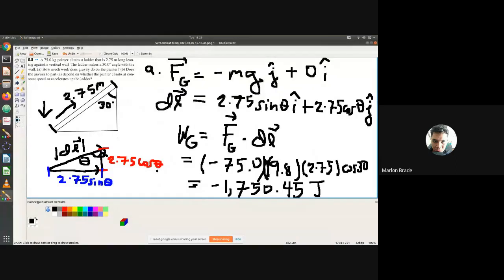Letter B. Accelerates up the ladder. Does the answer to part A depend on whether the painter climbs at constant speed or accelerates up the ladder? So how much is the work done by gravity if the painter climbs at constant speed or accelerates up the ladder?